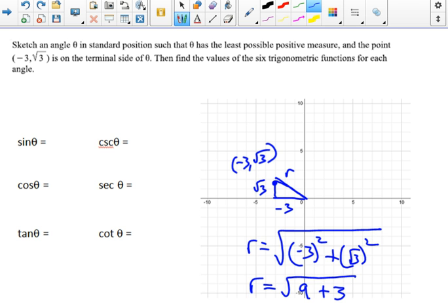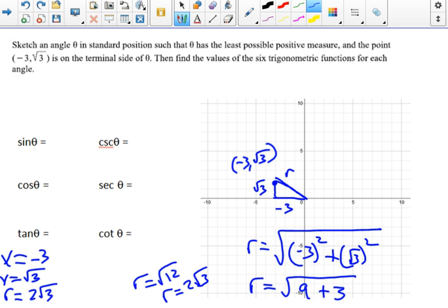So r is going to equal the square root of 12, which when we take out the 4 that goes into 12, that's a perfect square, we'll get 2 square root of 3. So my values are x equals negative 3, y equals positive square root of 3, and r is equal to 2 square root of 3.